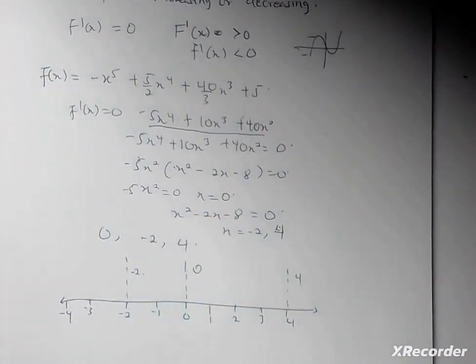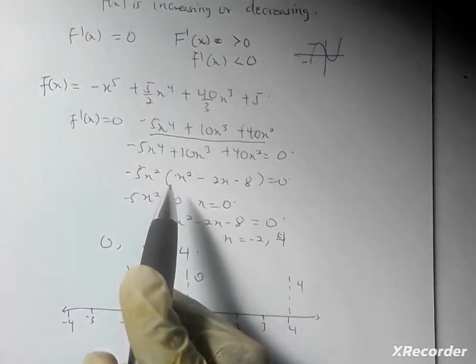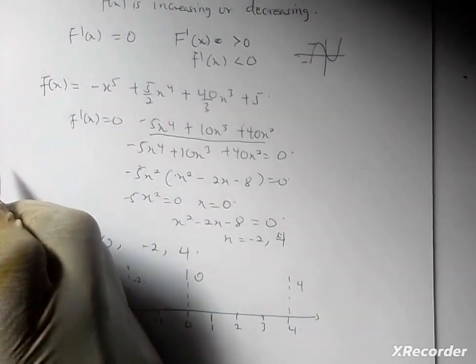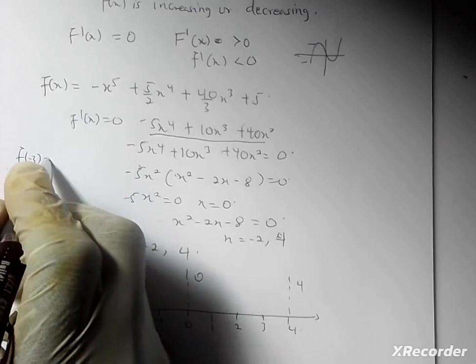If I put a number, choosing any number here, I can choose negative 3. When I put negative 3 into this function, f prime of negative 3 is equal to what?